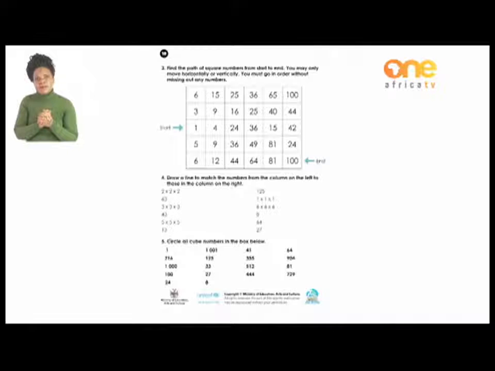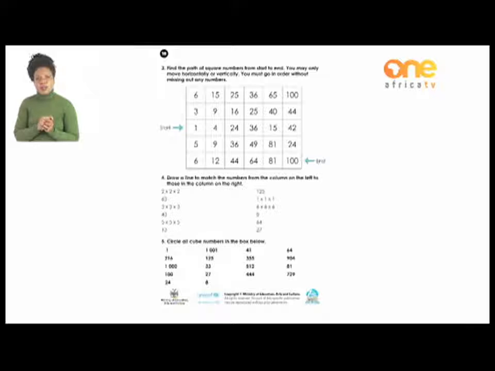You can do that. Number 4, you have to draw a line to match the numbers from the column on the left to those in the column on the right. So if you have the first one with 2 times 2 times 2, what will be the answer on the right hand side?